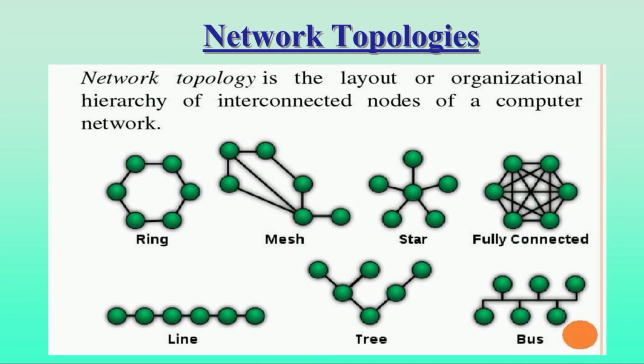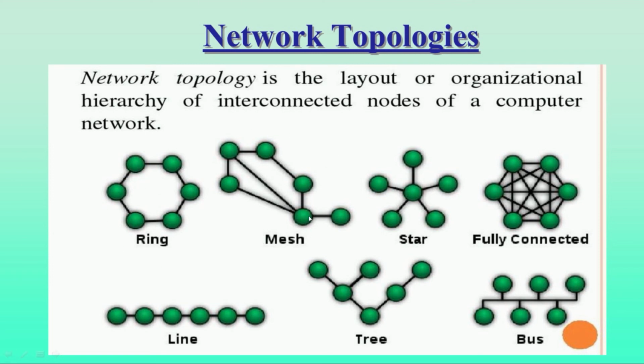Here you can see the topologies of networks. Network topology is the layered or organizational hierarchy of interconnected nodes of a computer network. There are some types of topologies. Ring topology, here you can see it as a ring.